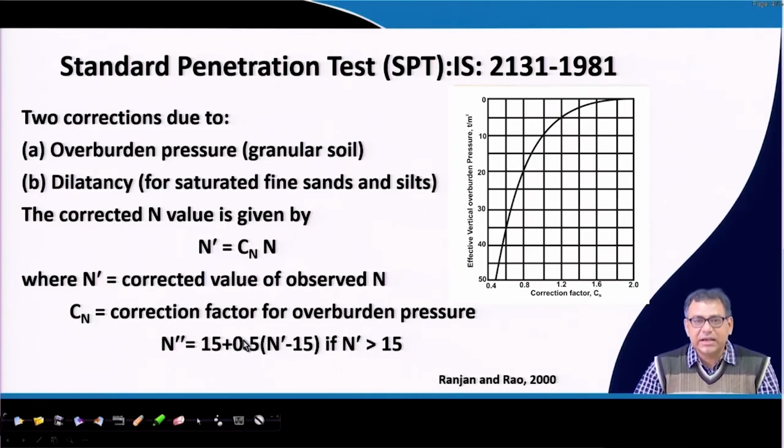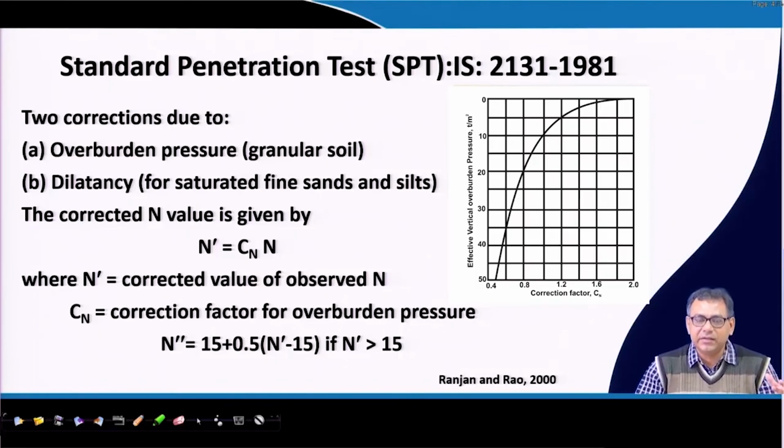In such case, if we apply any impact on a dense soil, then the soil will dilate. Because of this dilatancy, the soil will expand. Okay? So, that means your volume will not decrease, it will increase, and this will happen for dense sand. It will not happen for the loose sand, it will happen for the dense sand.